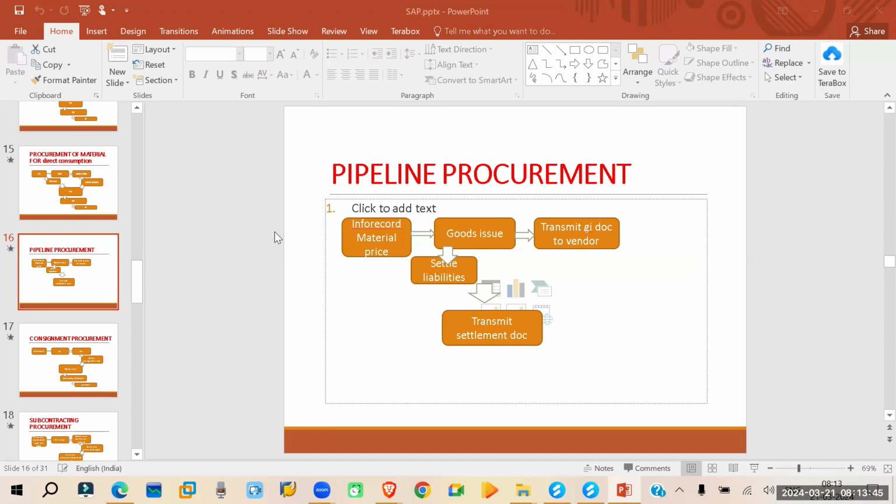Now for the manufacturing plant or for businesses, no invoices will be sent by the supplier to you. Rather, you will be sending the GI document.